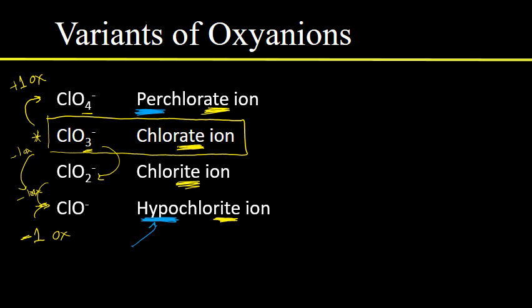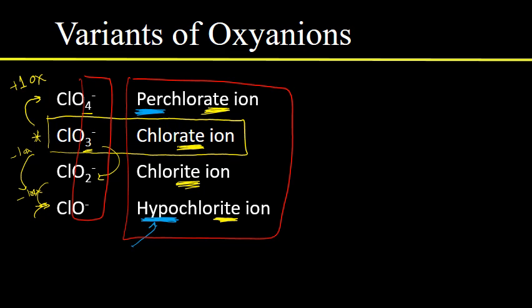So hypo means under or less than. That's a way to remember that this has fewer oxygens. Okay. All right, so for all of those oxyanions that we looked at on the last page, the number of oxygens and the charges are different for all of them, but this pattern stays the same.